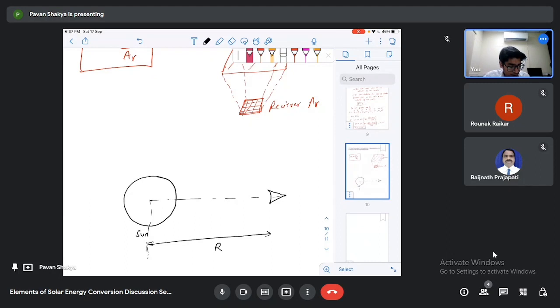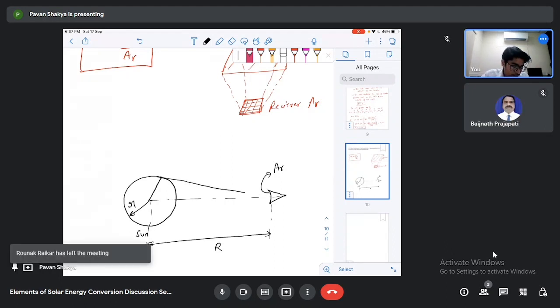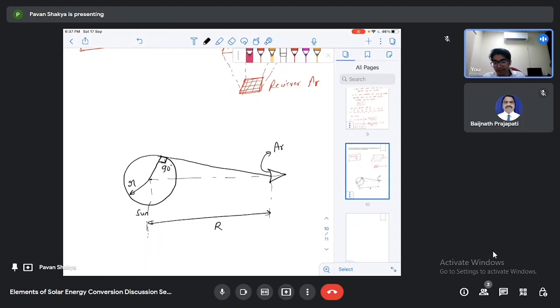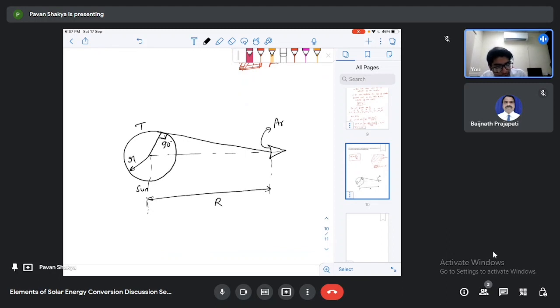This one is R, the area of the aperture is AR, and the radius of the sun is small r. So now connect this sun with the aperture. This one is not looking correct, but this is the angle, that is 90 degrees. Also let's say the temperature of the sun is Ts.